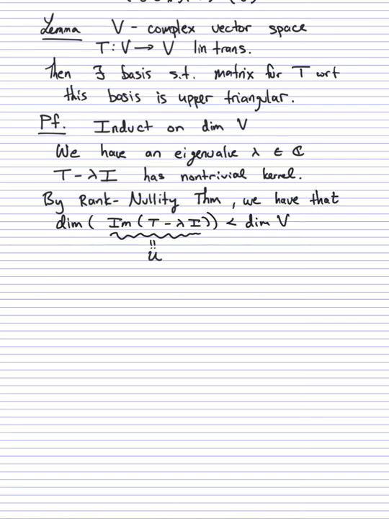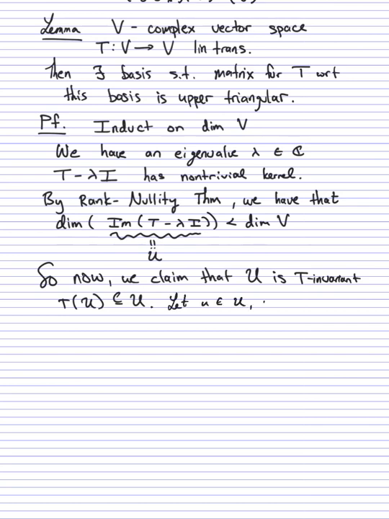Now we claim that U is T invariant. In other words, T of U is contained in U. Why is this? Well, let u be in U, so u is equal to T of v minus lambda v by assumption.